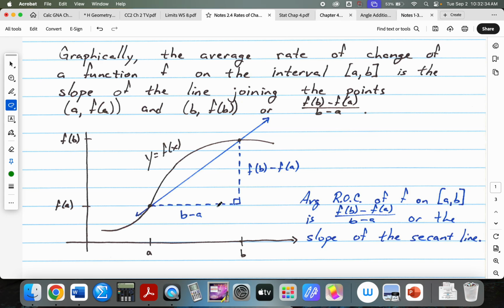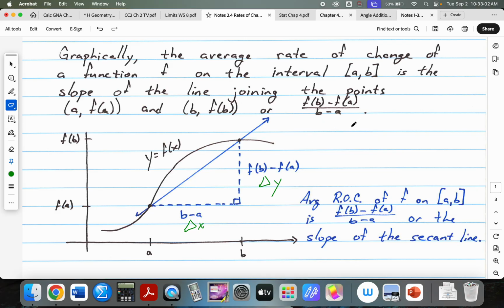And you're like, oh, okay, well, this is also delta y, the change in y, and this is also delta x, the change in x. And when you take the change in y over the change in x between 2 points, what are you finding? Yeah, you're finding the rate of change, which is a slope.